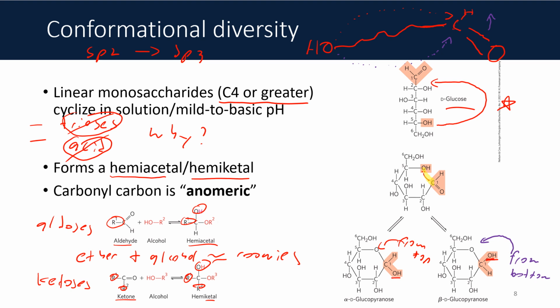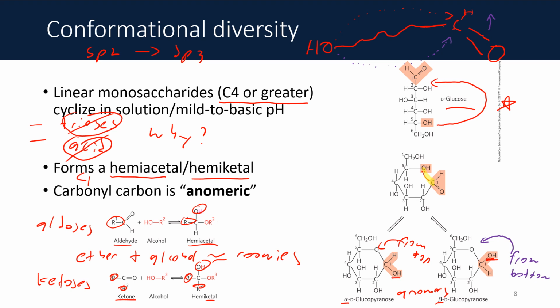These are called anomers. And there are two variants, alpha and beta. It is said that the carbonyl carbon, or the C1 in the case of an aldose, is anomeric because it has the potential to become a chiral center.